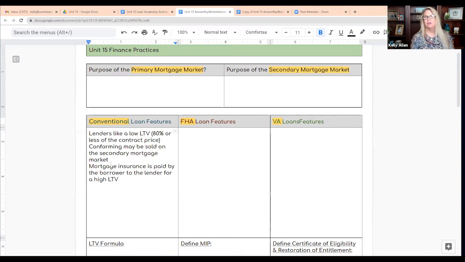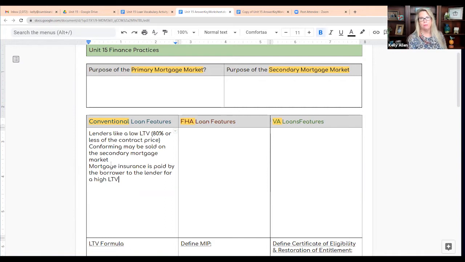I hope that makes sense. What does that mean? That means that if the borrower can only put 10% down, the bank's not going to shoo them away. The bank is going to say, well, all right, but we really want you to get some insurance for that 10% difference in case you default on the loan. The insurance will make us whole. So the borrower will purchase that.